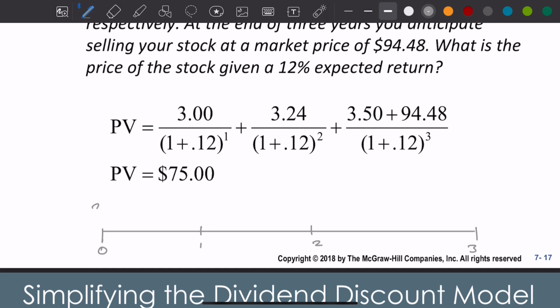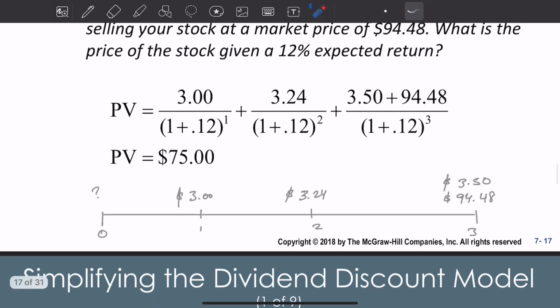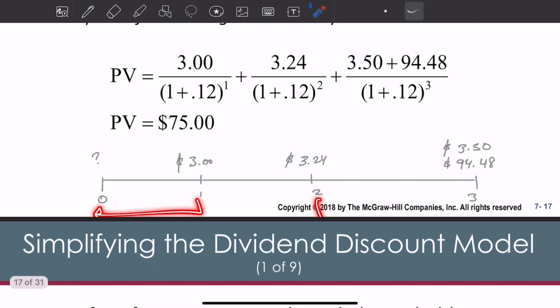We want to find the present value right now for this stock that we expect to pay us $3 here, then $3.24 at the end of the second year, and then $3.50 by the end of the third year, plus $94.48. All we're doing here is discounting these amounts and finding their present values.